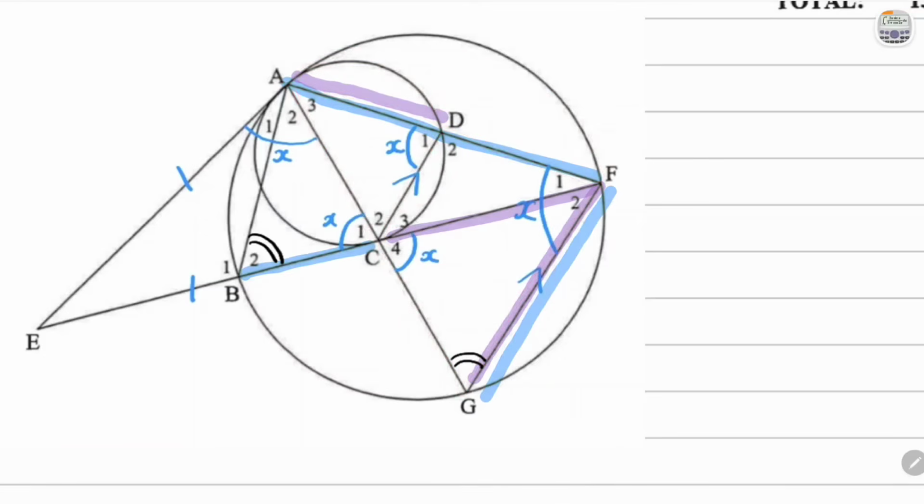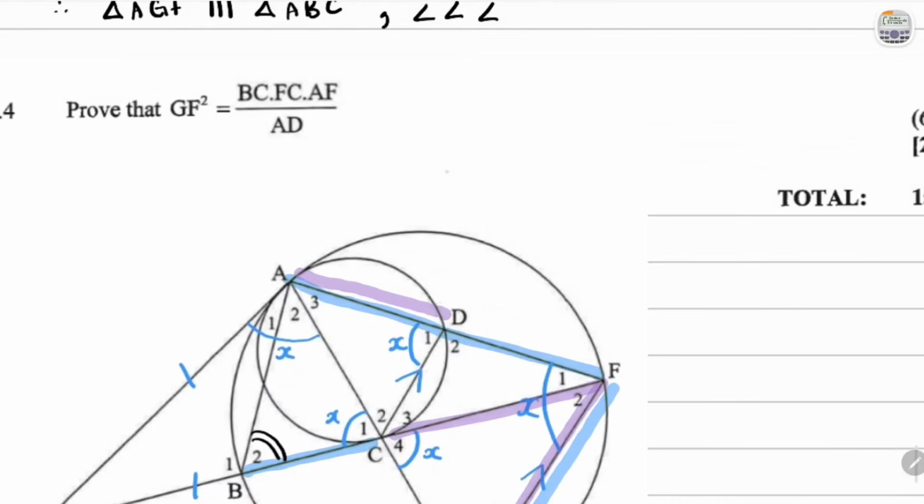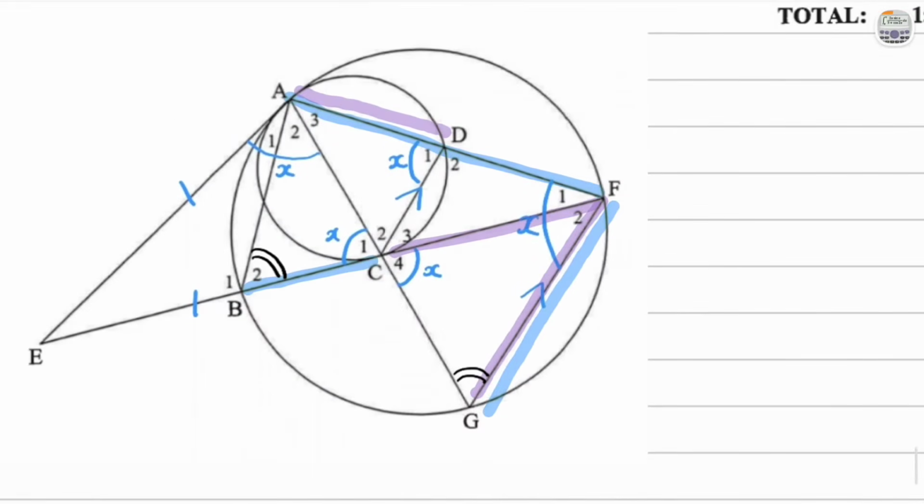So it's not a good idea to go with that, because now you have AC and AG, so you're introducing 2 sides that are not even in this equation. Let's not complicate things. So the only solution now is to use these as triangles. Let's look at all the sides and find out which triangles they belong to.